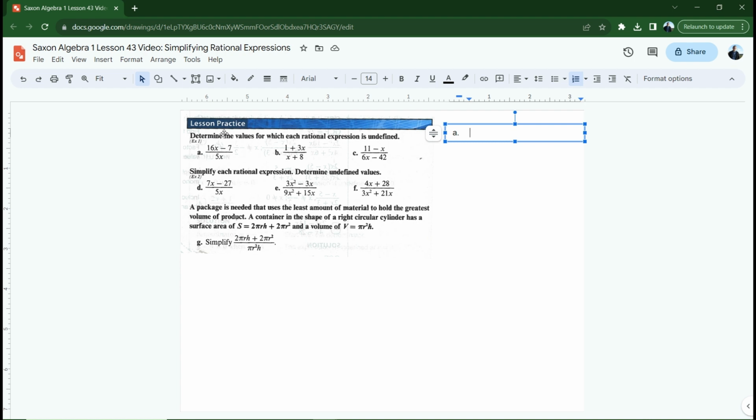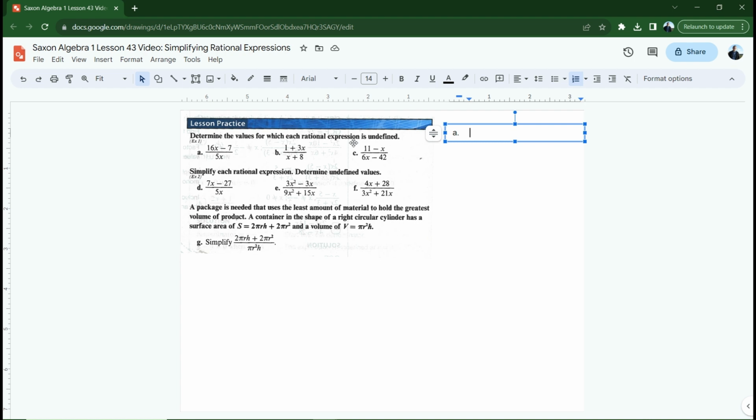We need to determine the values for which each of these rational expressions is undefined. Hey, from here on out in algebra, anytime you write an expression that has variables in the denominator of a fraction, even if it doesn't say to do so in the directions, you should state the values that the variable cannot take on because your expression will be undefined with those values.